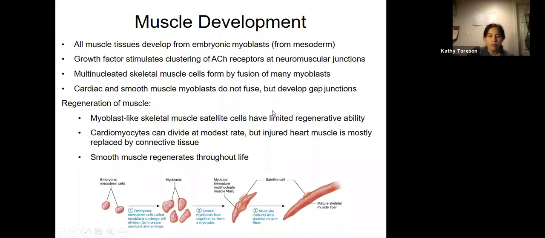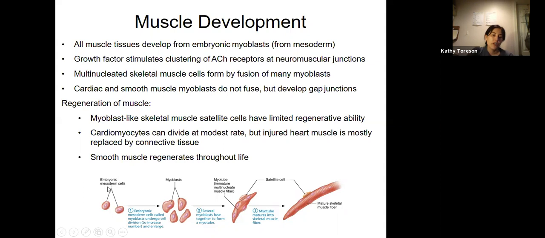All right, and then the very last slide, muscle development. I think I might have talked about this briefly last week. When we're talking about embryonic development of muscle, again, we're not an embryonic development class, so we're looking at just a really cursory overview. With embryonic development, we've looked at the 3 layers: the endoderm, mesoderm, ectoderm.